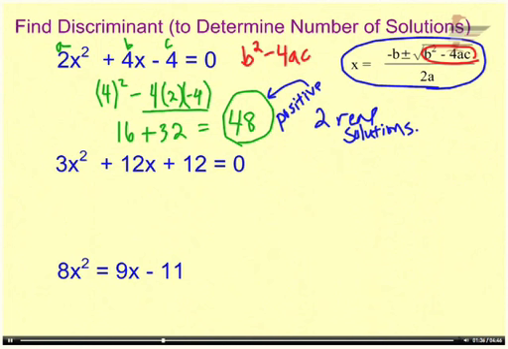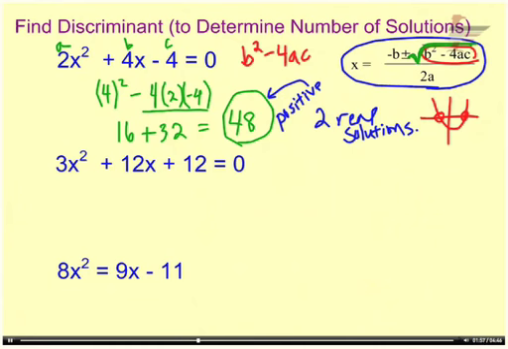If you remember, this discriminant is coming from underneath the square root, and we can take the square root of a positive number and get two answers. If we were trying to take the square root of a negative number, we'd have to bring in the i value. So with two real solutions, if we were graphing it, that means we'd be crossing our x-axis and have two intercepts, something like that.